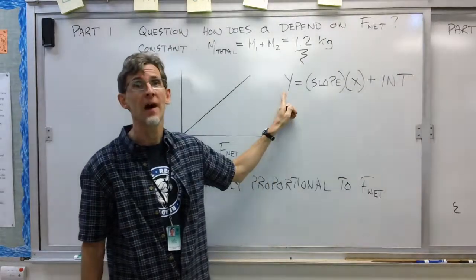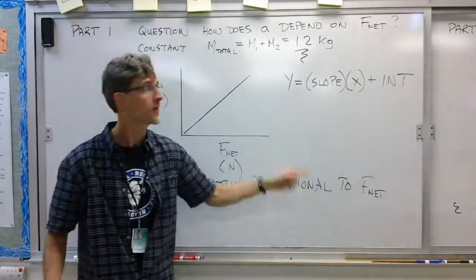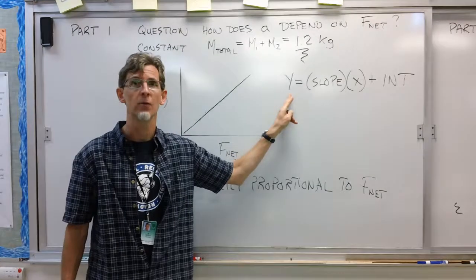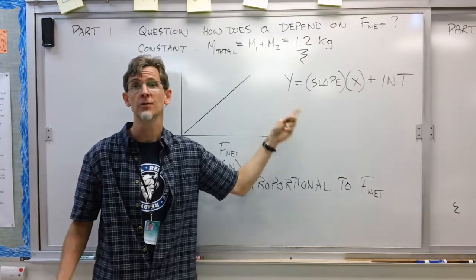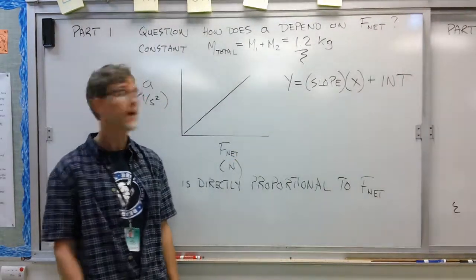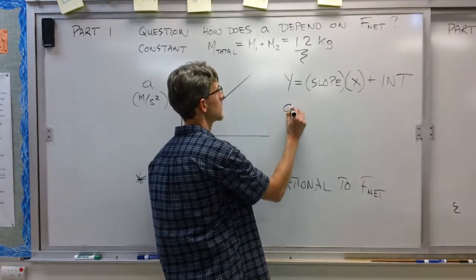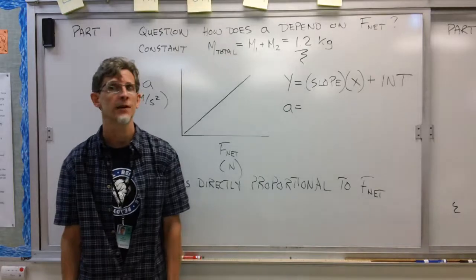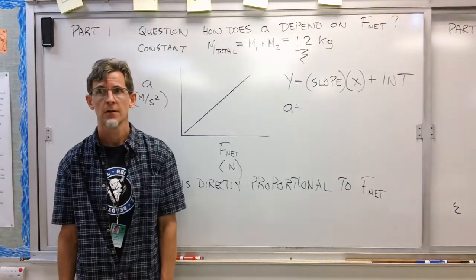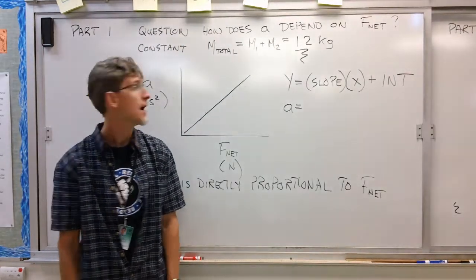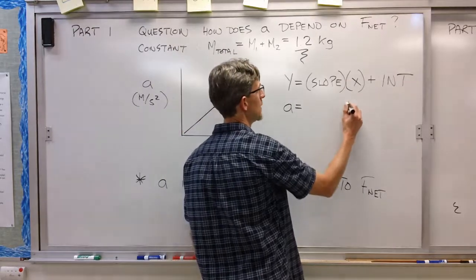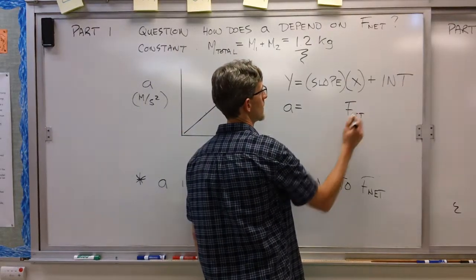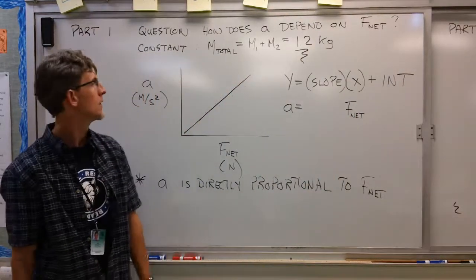So I don't want to write y and x. This is physics. So what did I actually use for my y? What variable, what quantity was I using for my y? A, acceleration. What quantity was I using for my x? F net. So I'm going to write that down here. Now, my slope, well, I don't know.